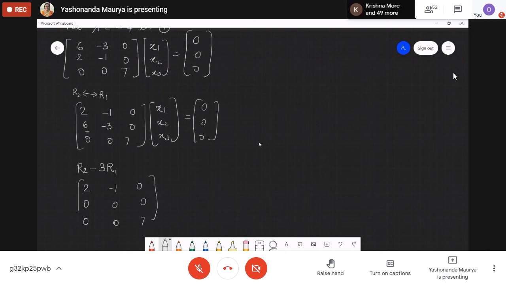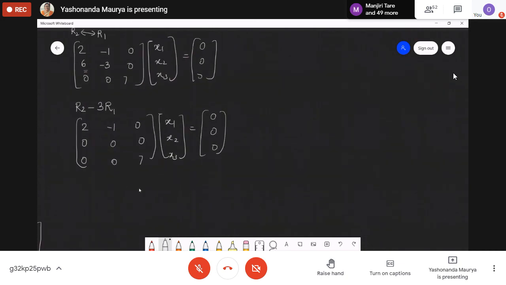Now what should we do? We will get two equations. Correct. In echelon form I should be moving this 2 up, and that is what we'll do. So R2 interchange with R3. So 2 minus 1 0, 0 0 7, 0 0 0.